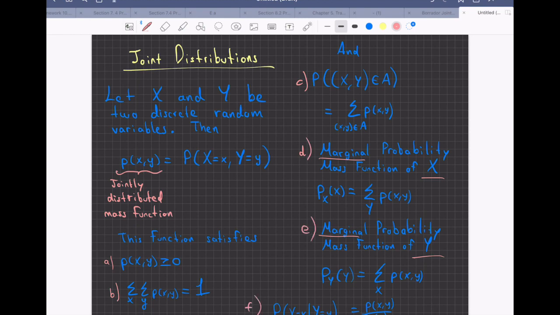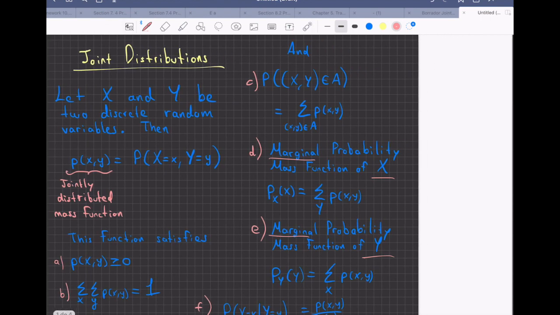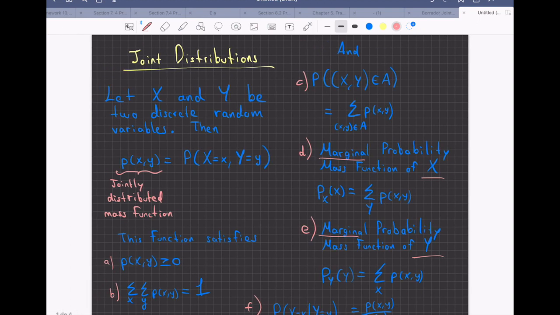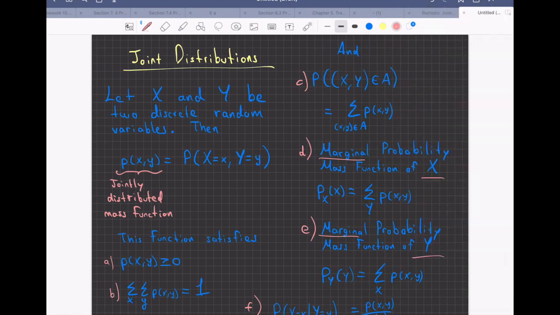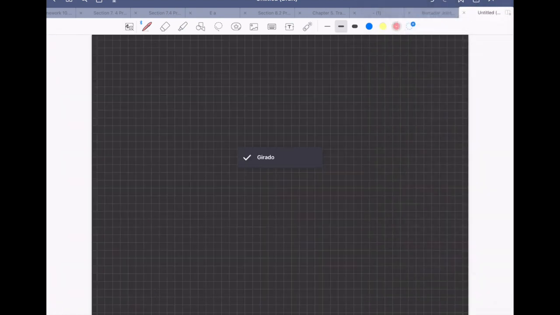There you go. All right. Of course, I forgot something before we see the example. The probability that Y is equal to y given that X equal to x is the joint distribution at x, y divided by the marginal probability of x.